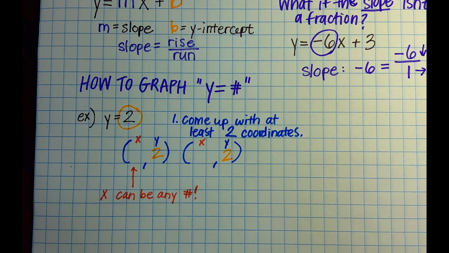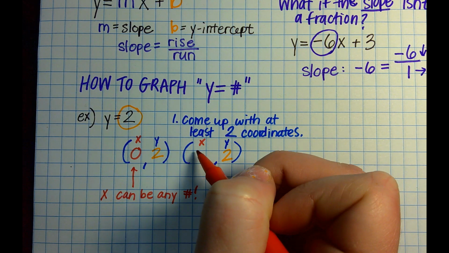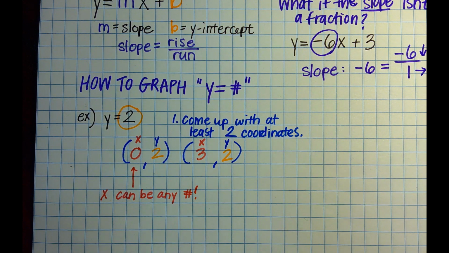I will always suggest picking a small number like 0, 1, 2, or 3. So I'm going to pick 0 and 3, just for example. Those are random numbers I picked.